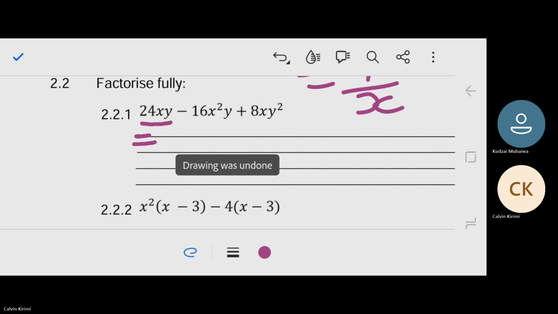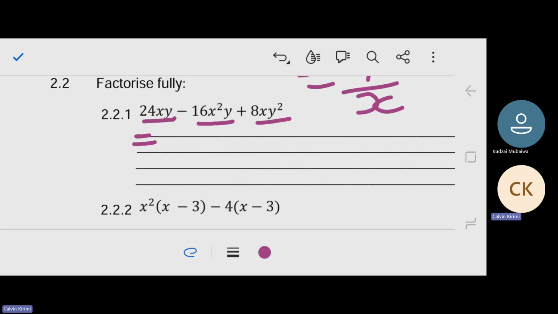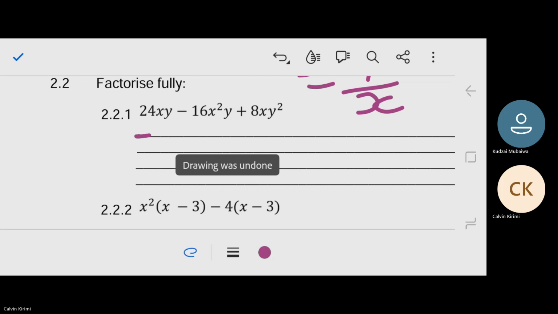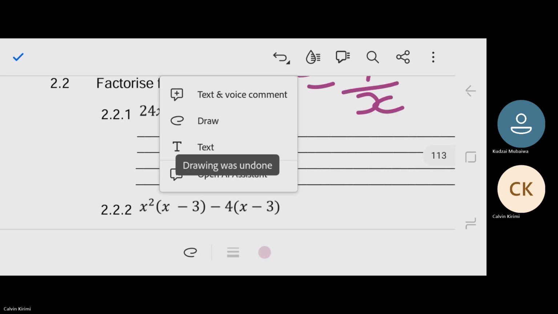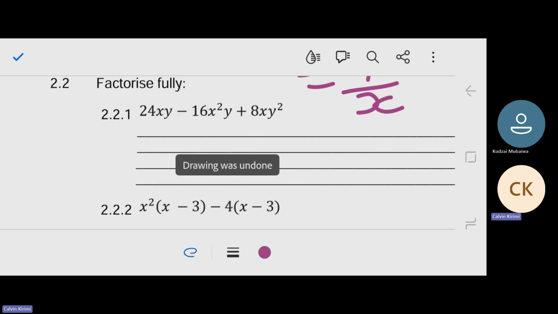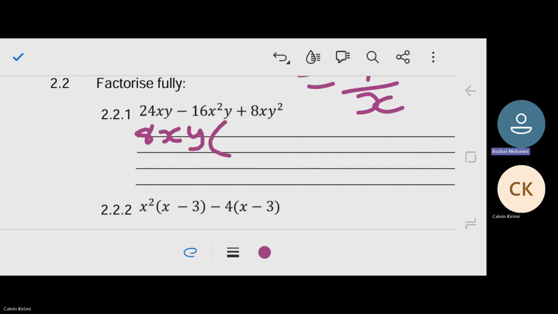So you check all the terms that are inside. What is the common term? It's 8xy.